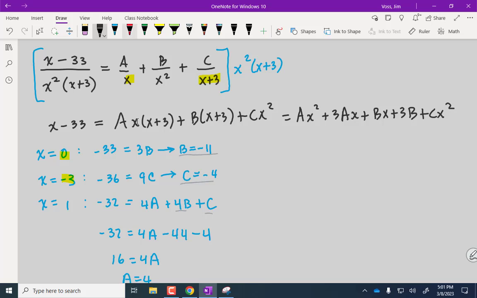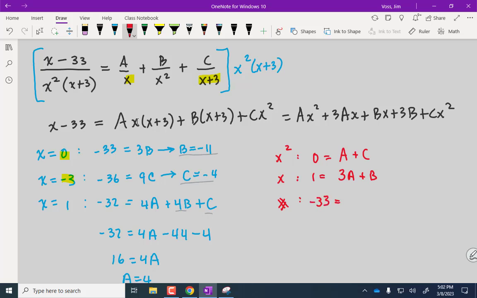Let's just write it down. So these are our 3 coefficients. Coefficient of x squared on the left is 0. So that's going to be a plus c. Coefficient of x on the left is 1. Coefficient of x over here is 3a plus b. Constant on the left is negative 33.